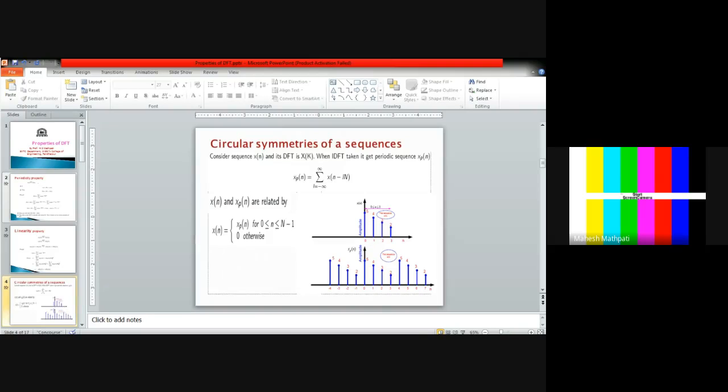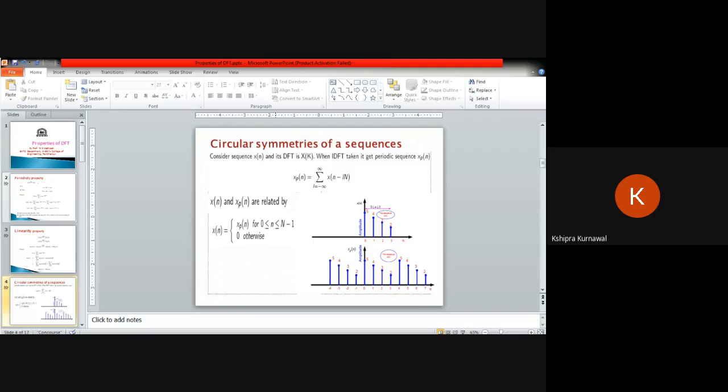This is the same as the way we did for frequency domain sampling. Can I move to the next part? No, next sir.